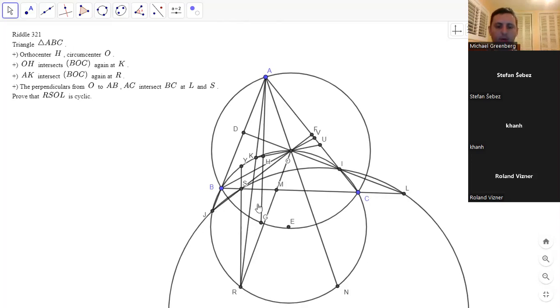So we want to show angle RCJ is RLC. So RBJ is RKJ.